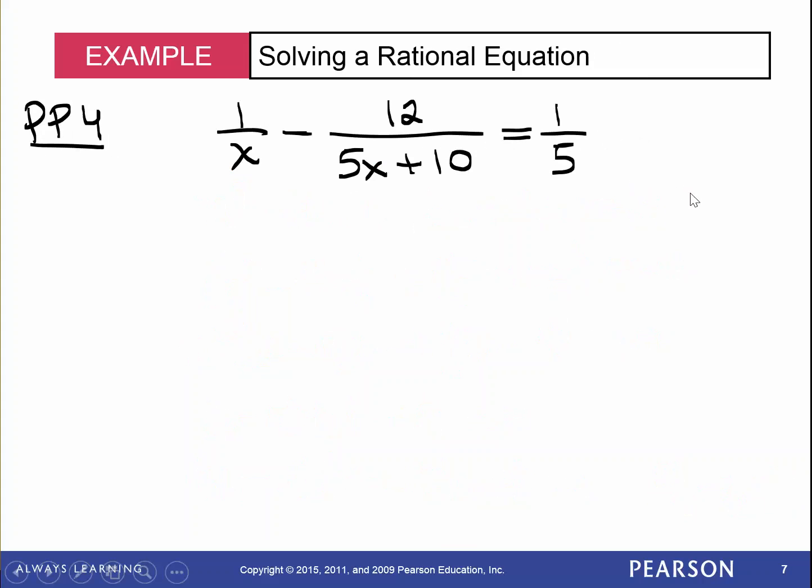Remember these guys, where they are in fractions. Particularly what we have is we have variables that are in the denominator.